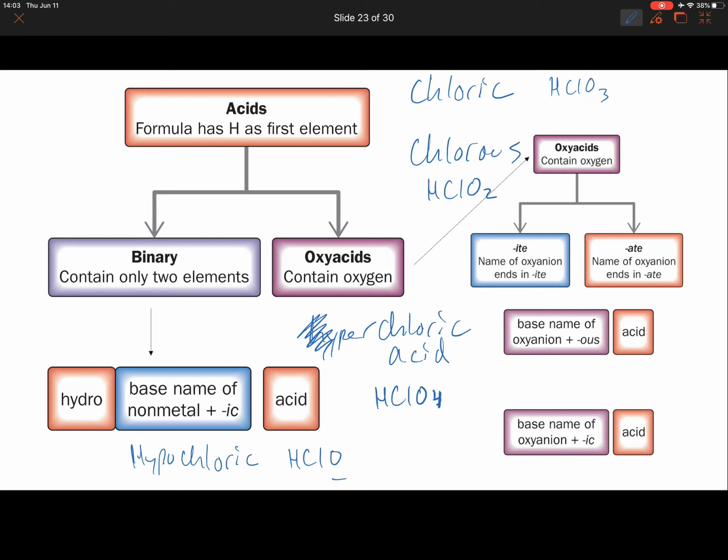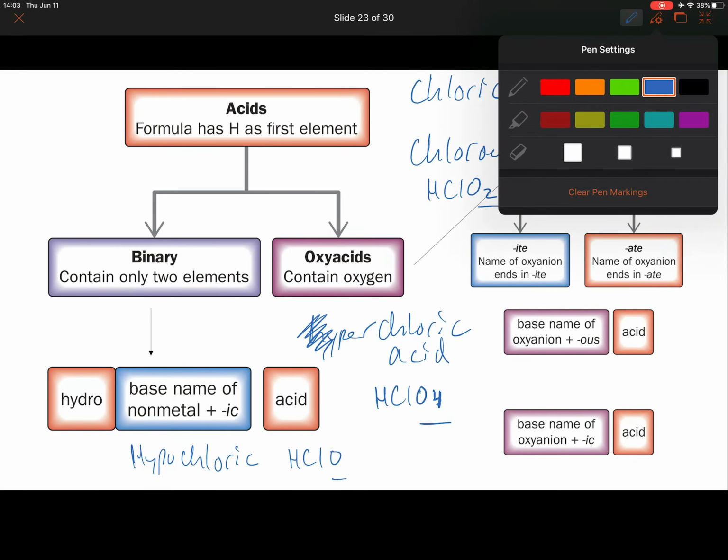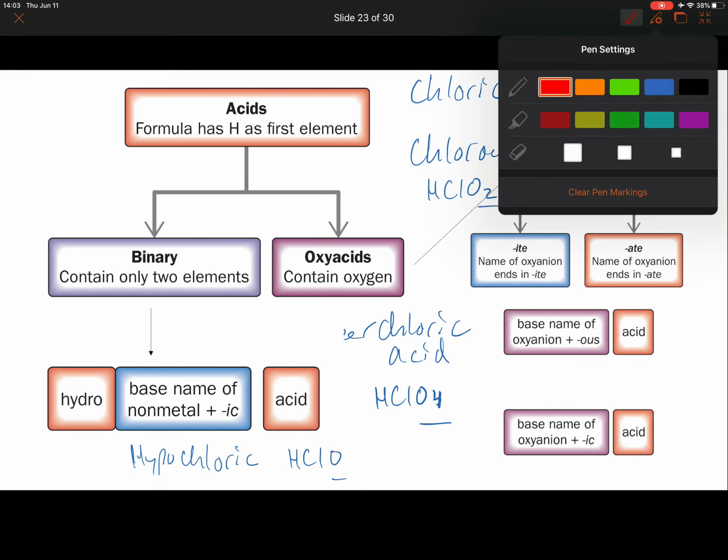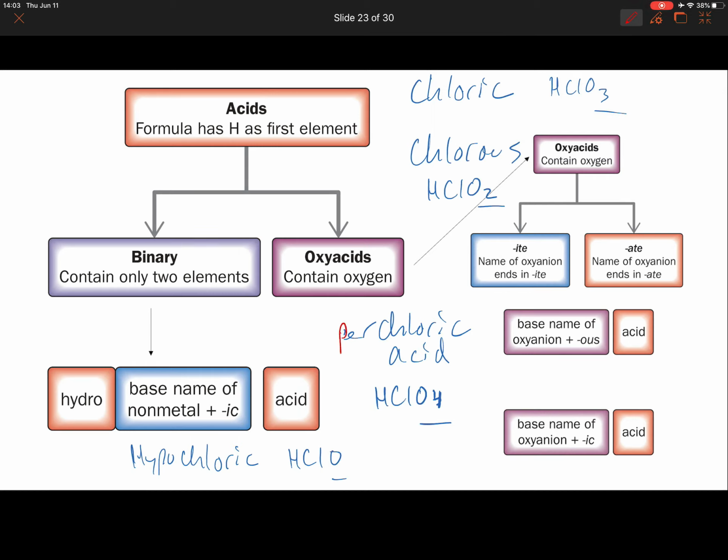One oxygen, 2 oxygens, 3 oxygens, 4 oxygens, without the "hyper" part on it, just "per." So those are acids. Fun, right?